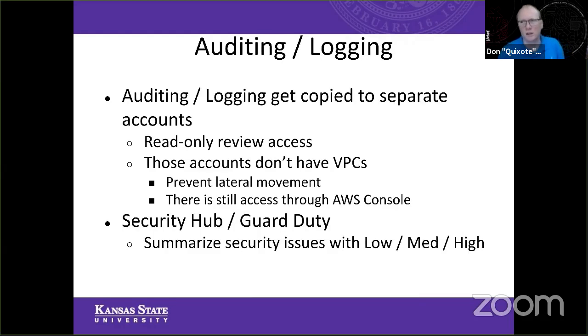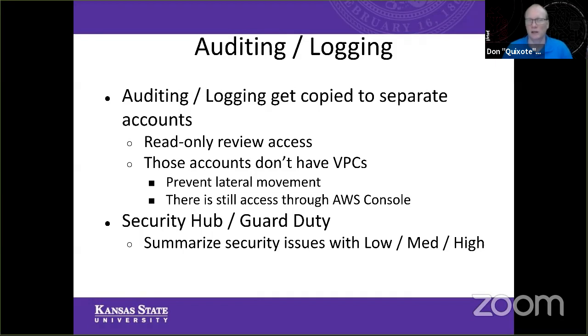Auditing and logging. Auditing and logging get copied to separate accounts. The reason for this is that on those accounts, we can set the roles pretty much read-only review, so you can't go in and modify logs. So they become unchangeable, immutable, and they're there for review.